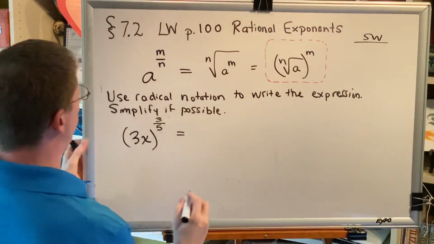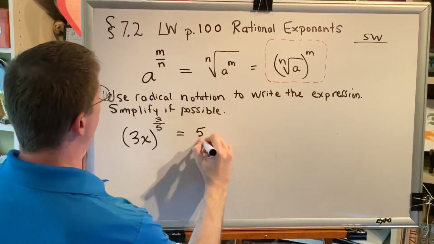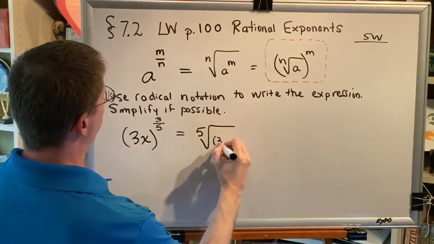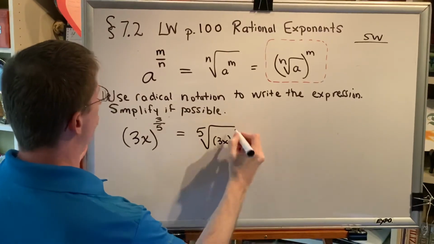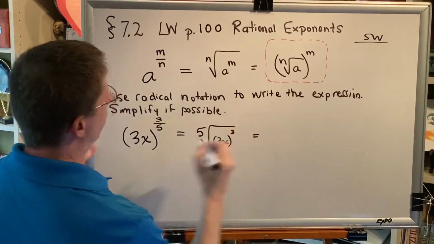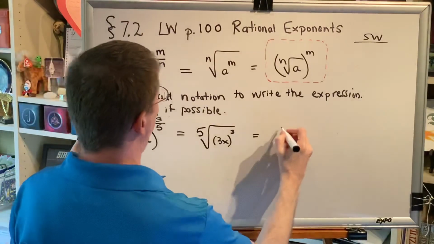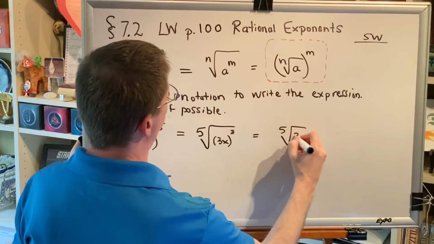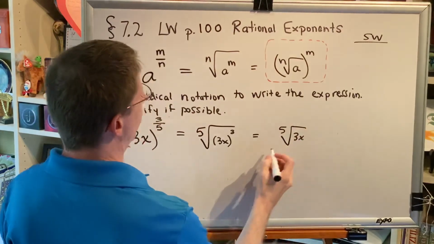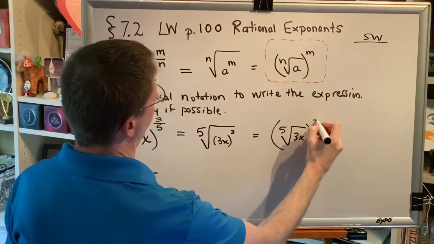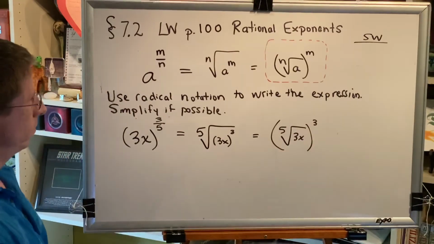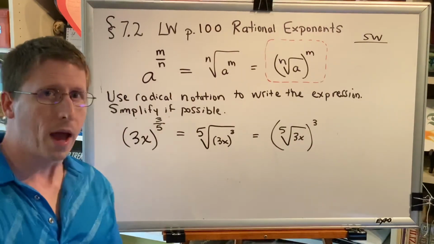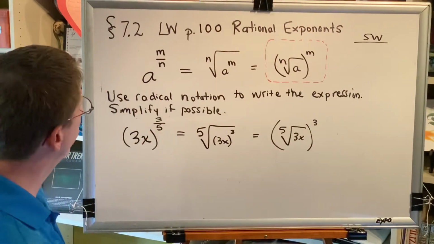Let's rewrite. We get the fifth root of 3x in parentheses to the third power, or we get the fifth root of 3x all raised to the third power. Okay, let's see if we can simplify.